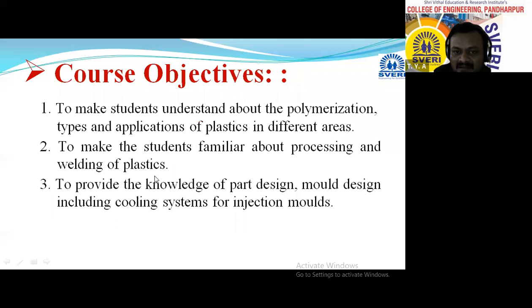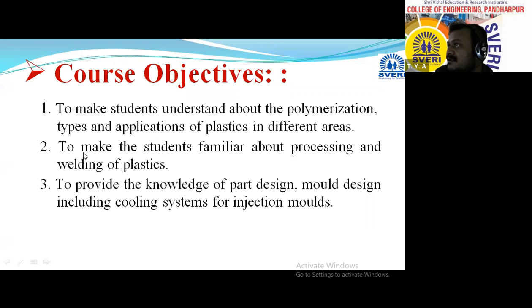Then in the next slide, this is the course objective. Course objective means this is our aim in studying this plastic engineering subject, or why it is added in your syllabus. Our basic aim is to make the student understand the phenomenon of polymerization and its types, and the application of plastic materials in different areas.